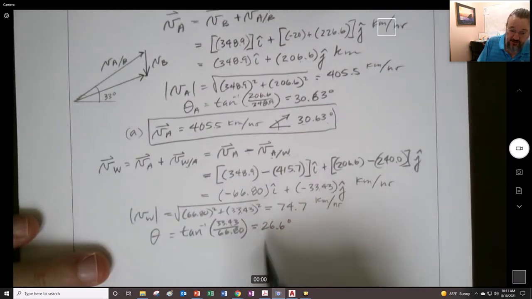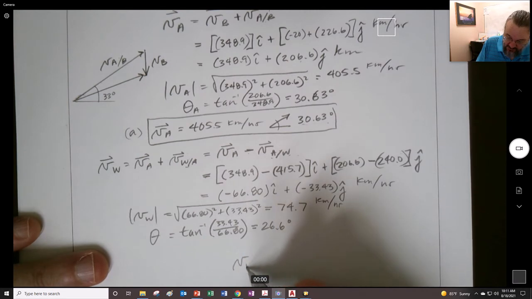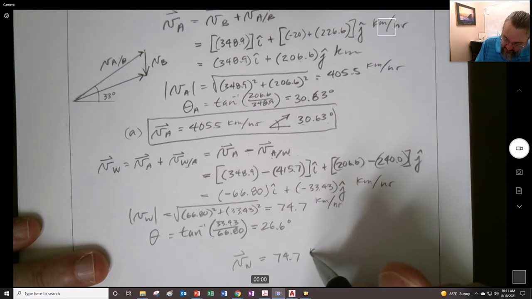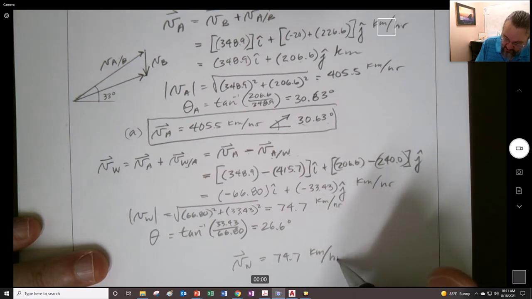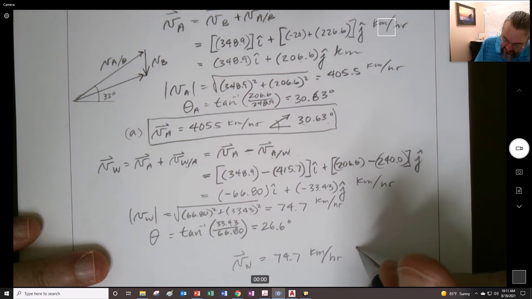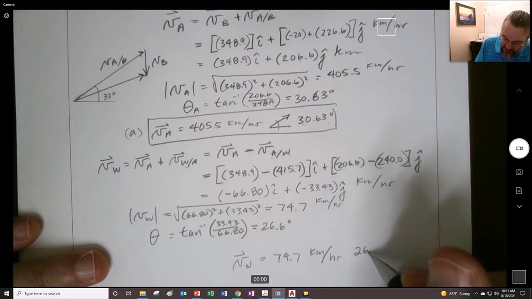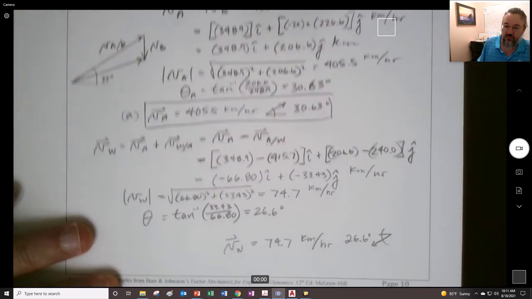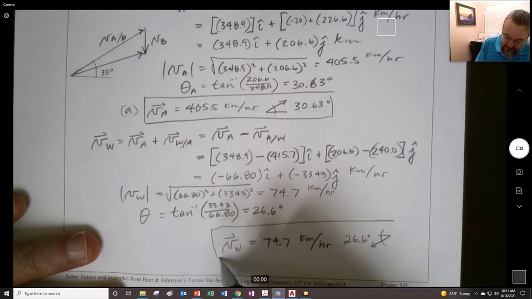So the answer to this is the velocity of the wind is 74.7 kilometers per hour at, sometimes I'll write the angle first and then do the quadrant, I guess I'll do it at 26.6 degrees, lower left-hand corner right there.